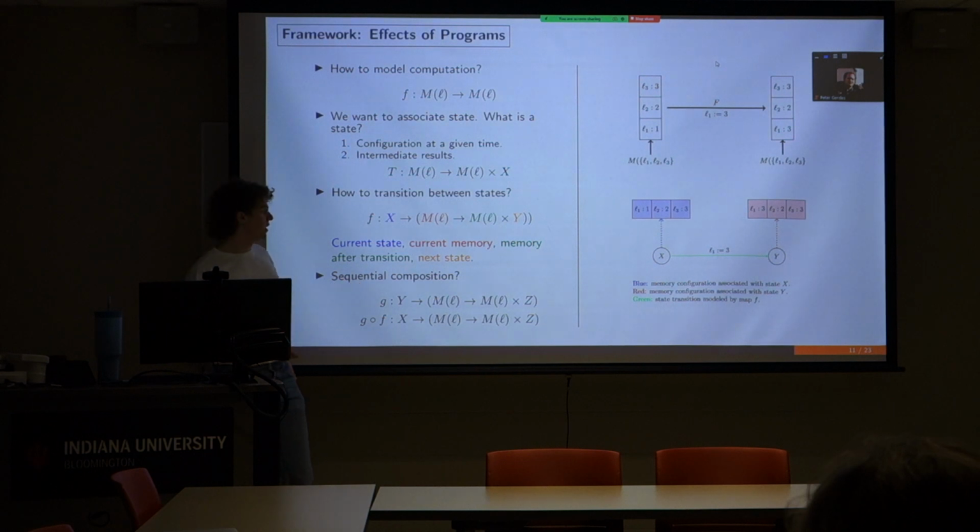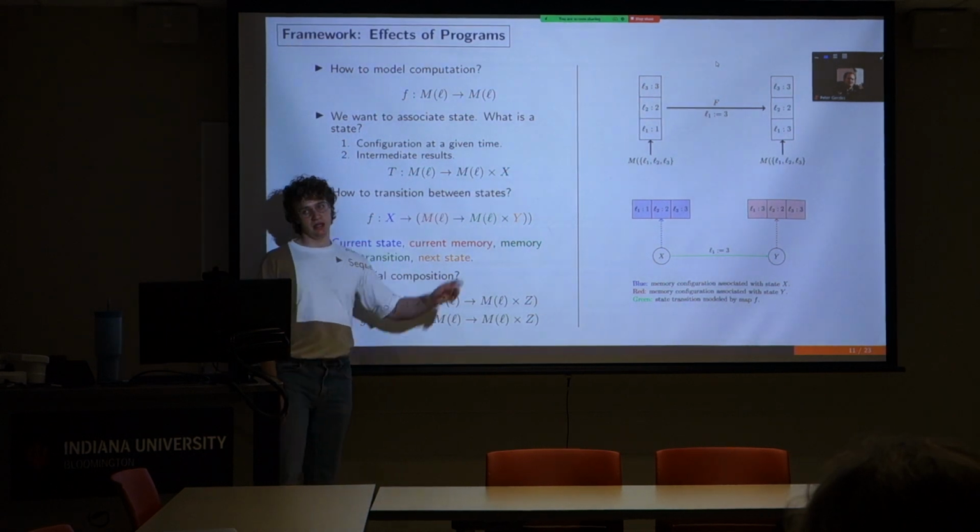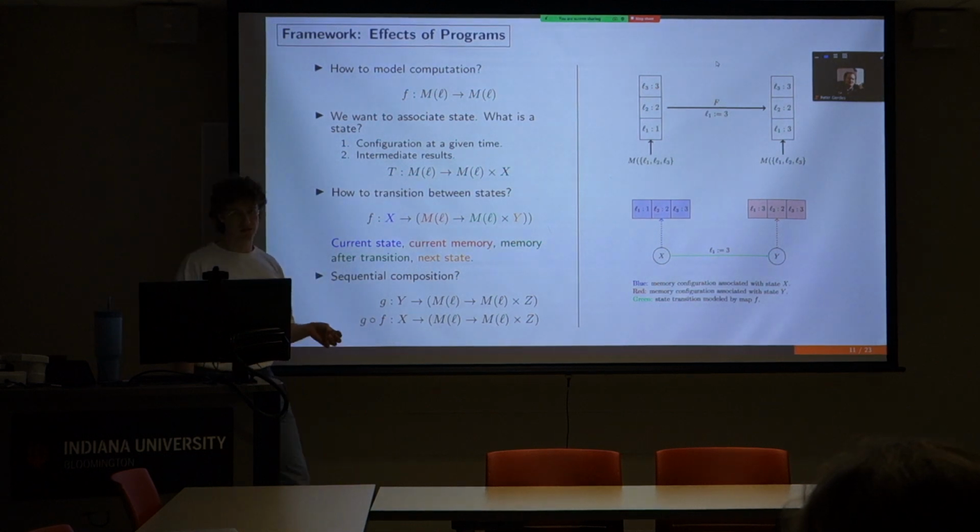Well, we combine it with some set. That set can be anything, but it just allows us to keep track of the states. I will give an example later on how that will be done. And how do we now transition between states?